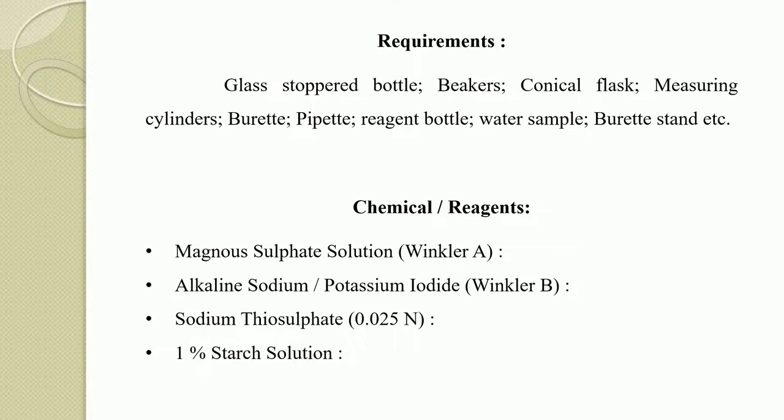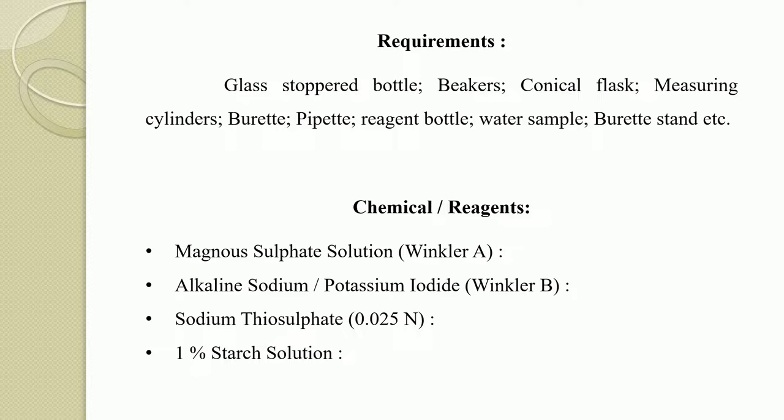For this experiment, we require different things. For example, a glass stoppered bottle, that is a BOD bottle, biological oxygen demand bottle, commonly known as BOD bottles, which are available in two different quantities, 250 ml and 300 ml. For this experiment we are going to use the 300 ml BOD bottle.